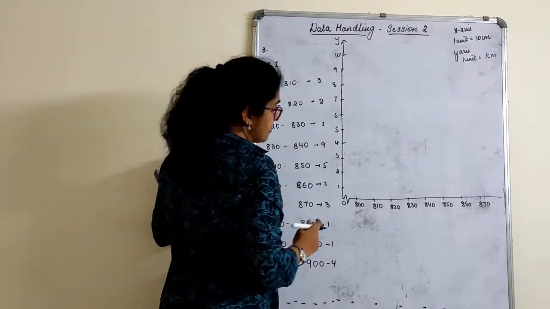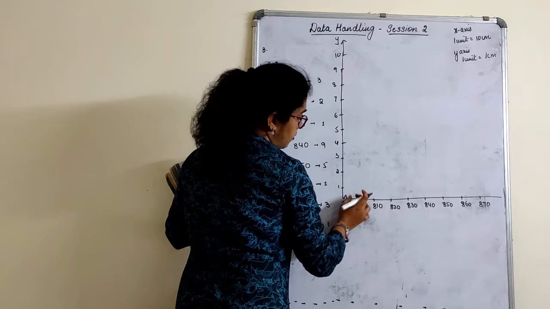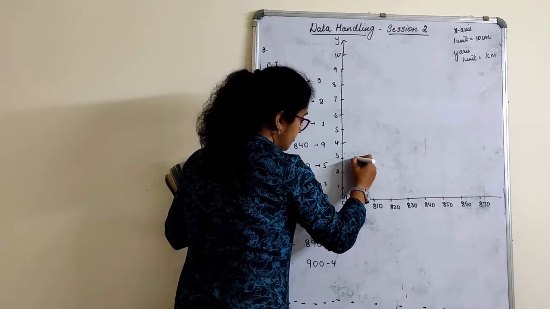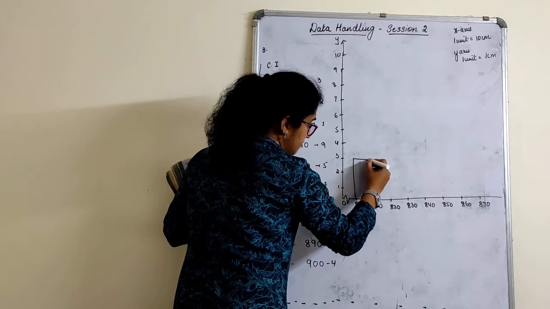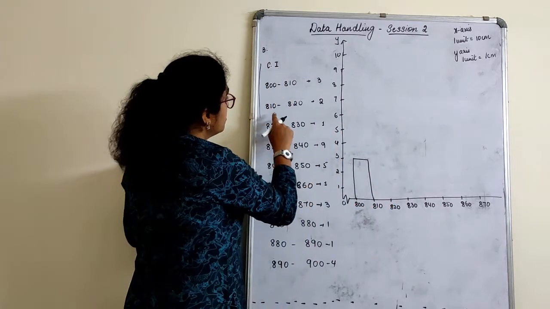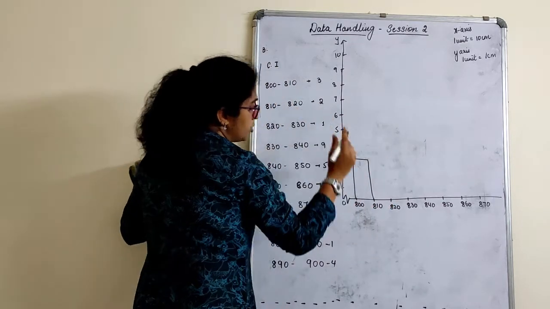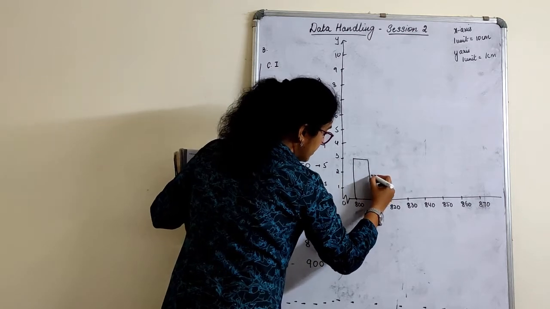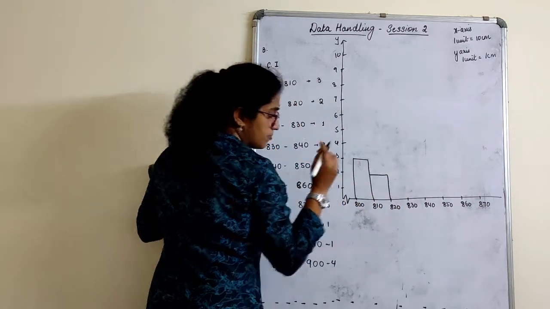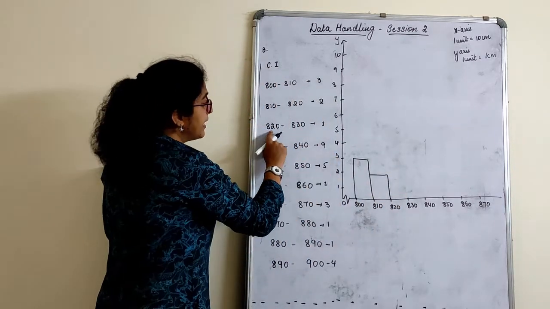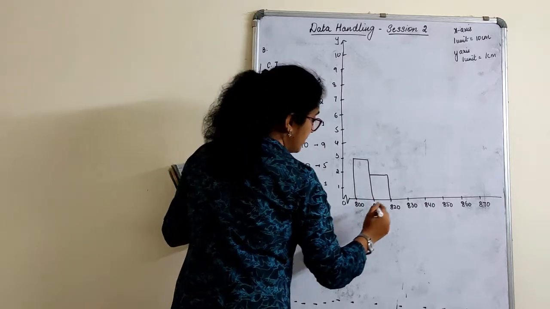800 to 810 is 3. Always this part is left out. 800 to 810 is 3. It comes here. 810 to 820 is 2. Understood how to draw? 820 to 830 is 1.